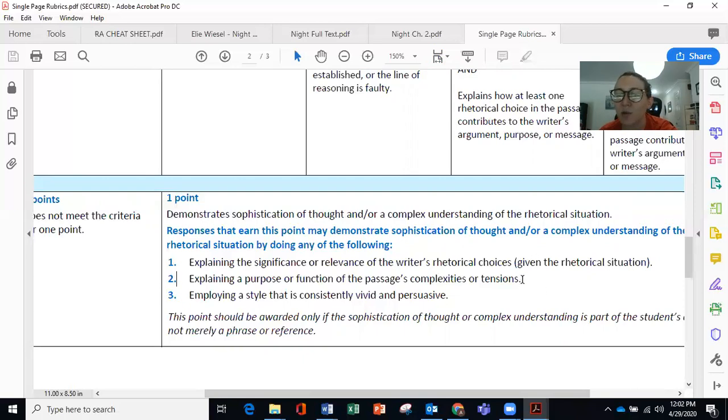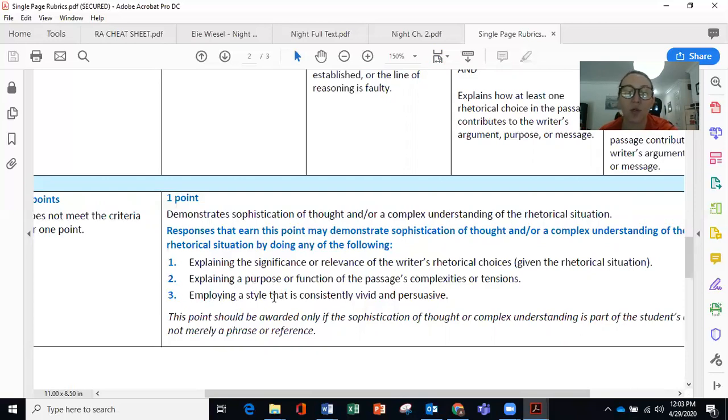You would have to have a really thorough understanding of the passage, and that's really hard to do in a timed setting. This one is not out of your reach by any means, but it is difficult. The sophistication point is difficult in general, which is why I think you should worry more about the evidence and commentary category.